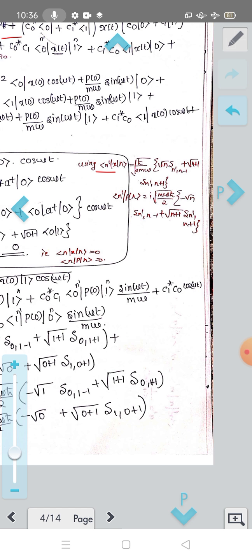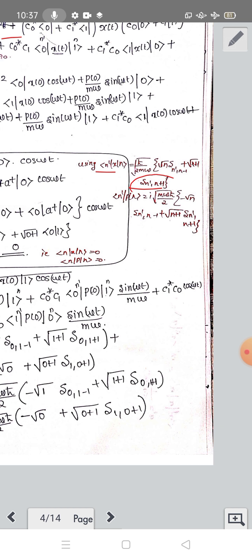We already represented these operators in terms of matrix elements. The matrix element is given by bra n prime x ket n equal to root of h cut by 2 m omega, times root n delta n prime comma n minus 1 plus root n plus 1 delta n prime comma n plus 1.